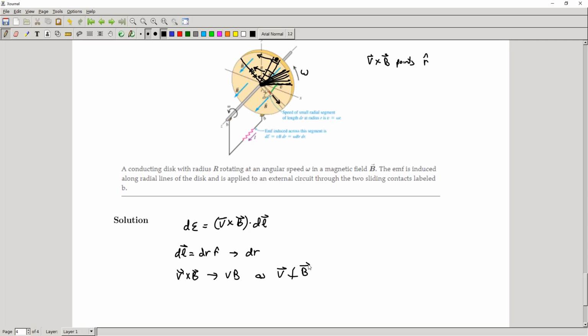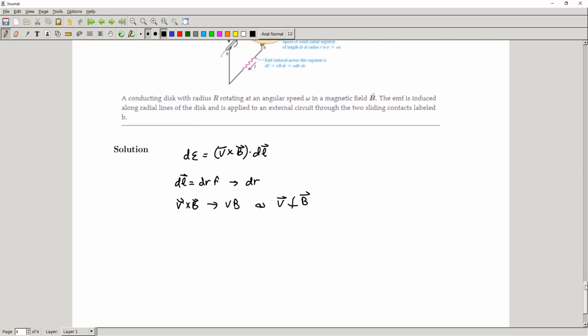And then the last thing we need to concern ourselves with is, well, what is the velocity at each of these tiny little steps, right? Well, if we think back to stuff you looked at in high school, or in Physics 111, you would have looked at uniform circular motion, and you know for uniform circular motion, v is equal to omega r, right?